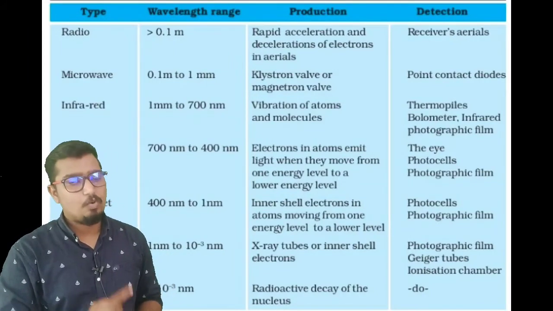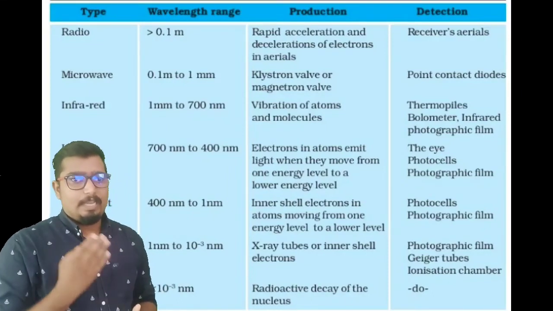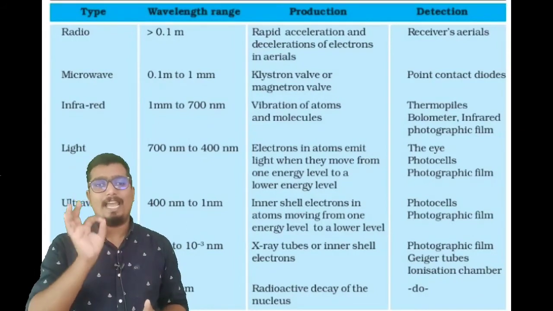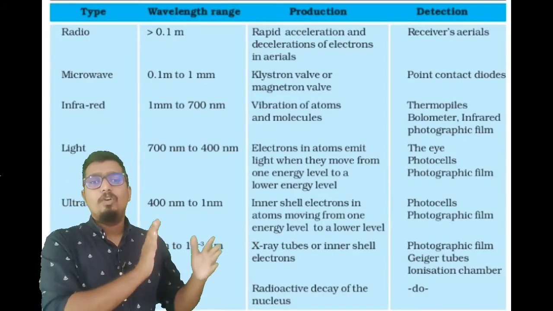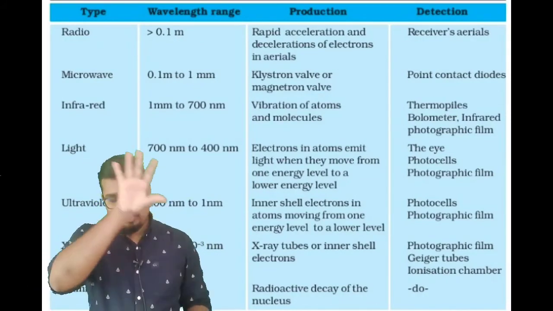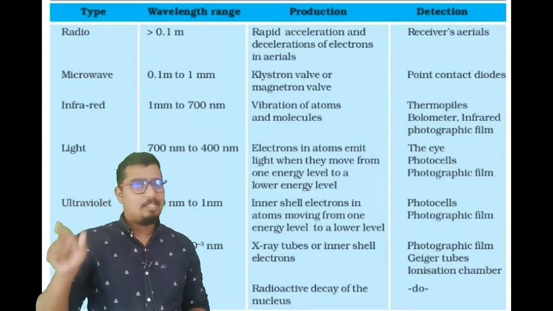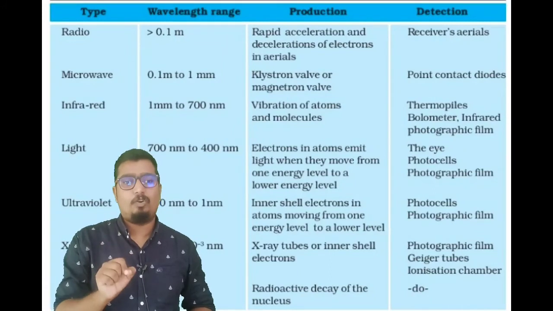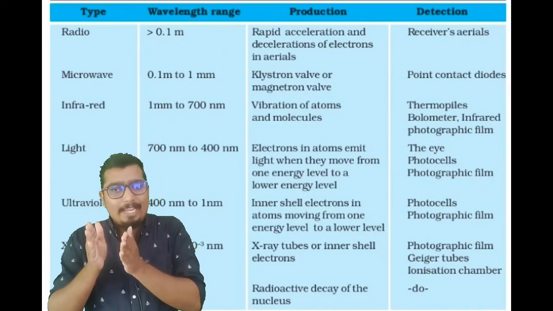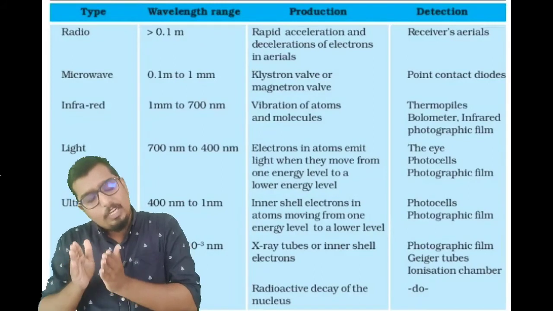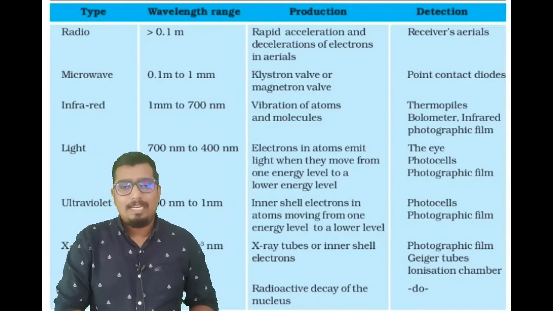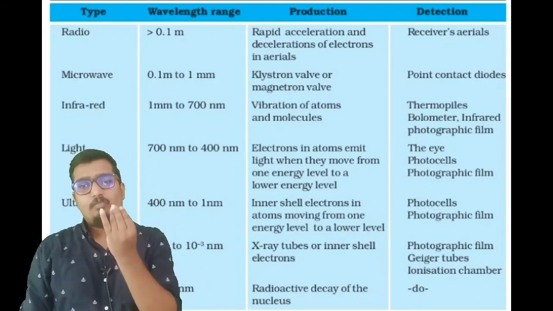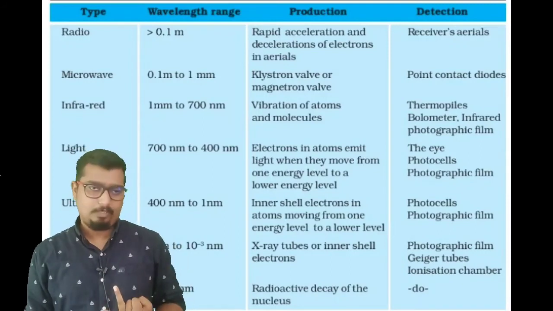The production is by inner shell electrons in atoms moving from a higher energy level to a lower energy level. In an atom we have many shells. The detection is by using photocells and photographic films.